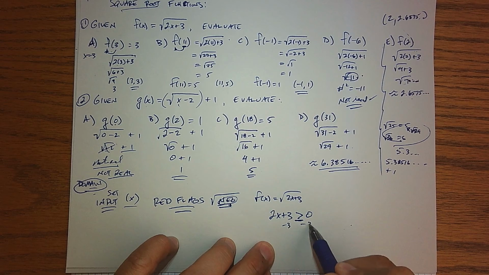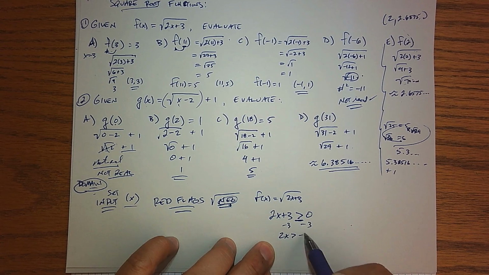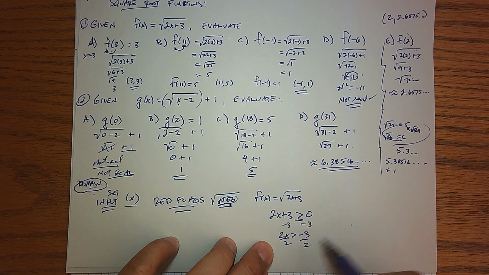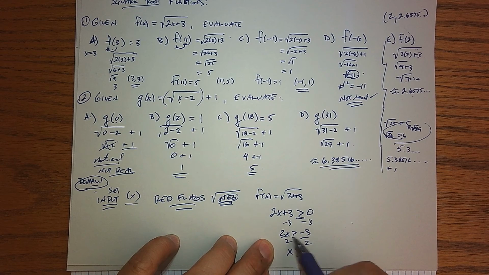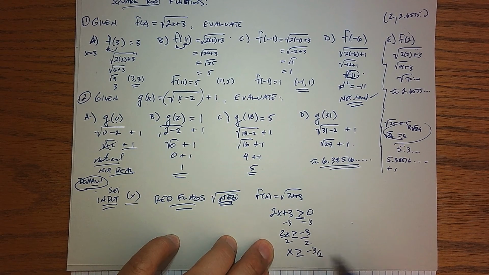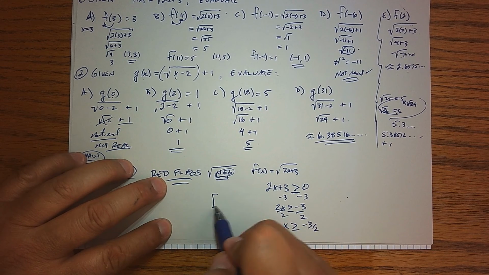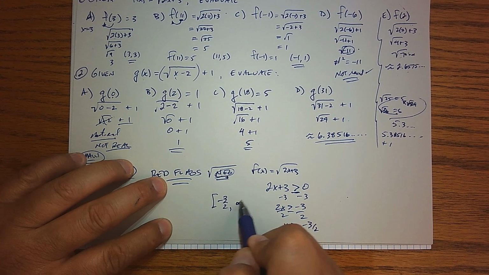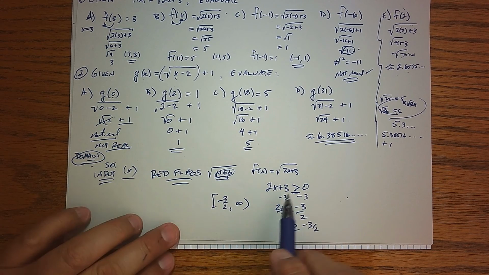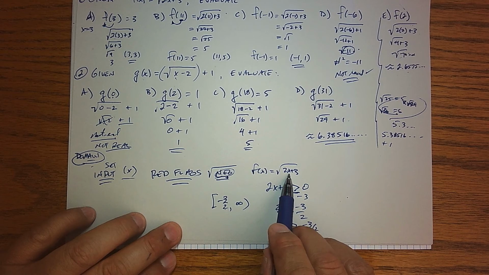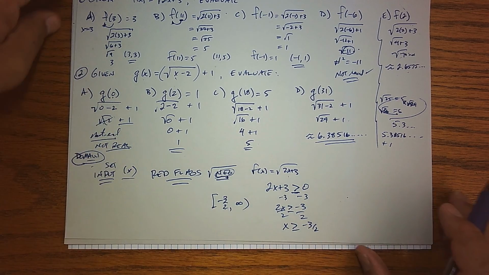So if I subtract 3 from both sides, we get that, divide by 2, and we get that x is greater than or equal to negative 3/2. So the domain for this function, in interval notation, would be from negative 3/2 to infinity. So negative 3/2 actually gets the 0 started, and then I can put anything in there and go.